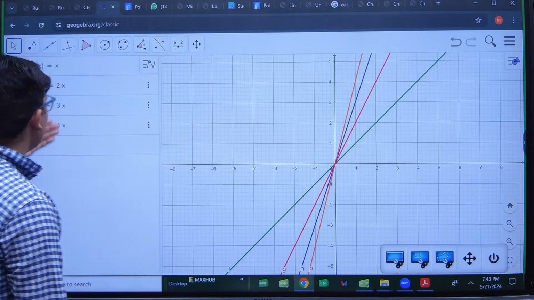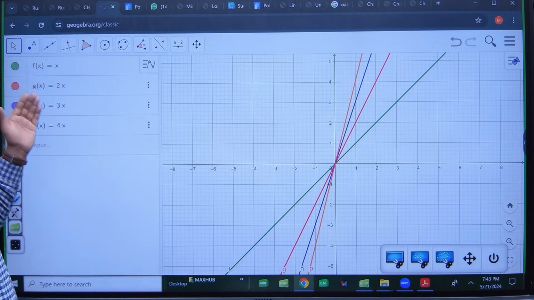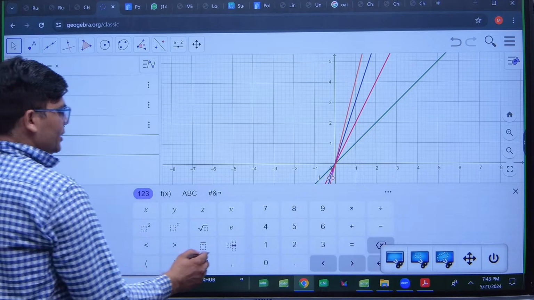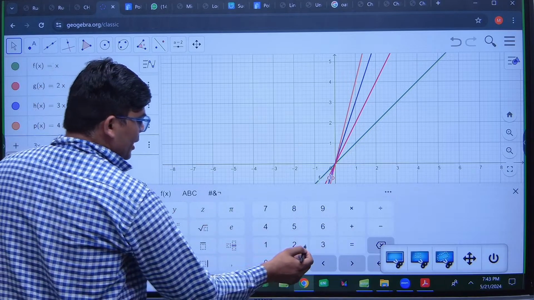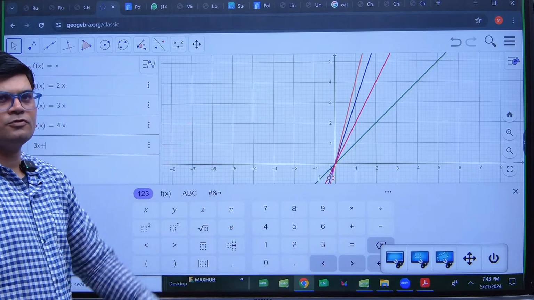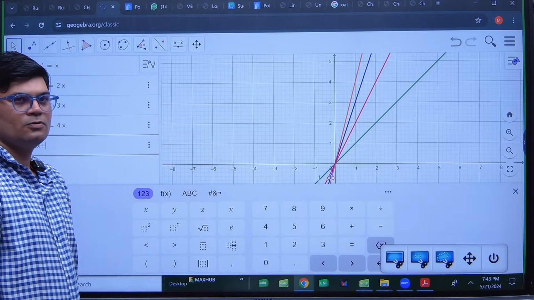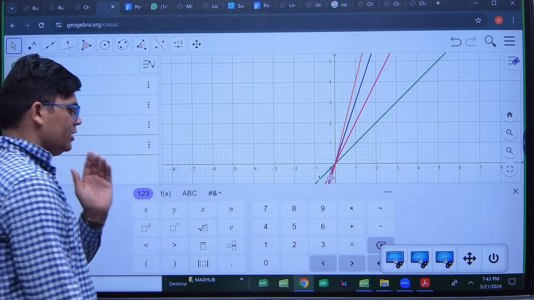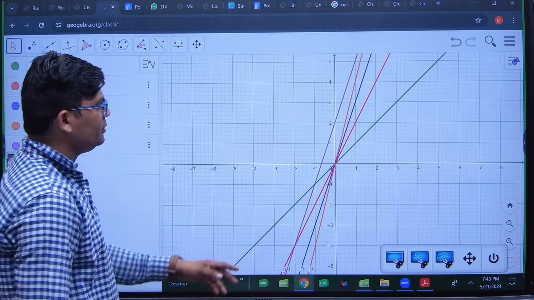So which line do you want to make parallel? 1x, 2x, 3x or 4x? 3x. So we will write the equation as 3x plus something. What should I add? Any number of your choice, except 0. 2. Okay. 3x plus 2. Just see 3x plus 2.